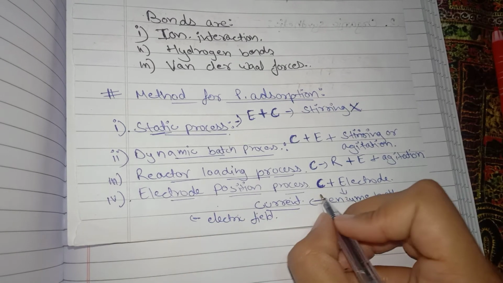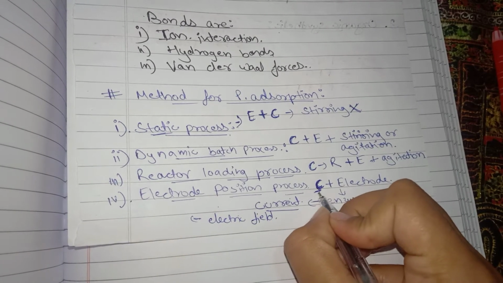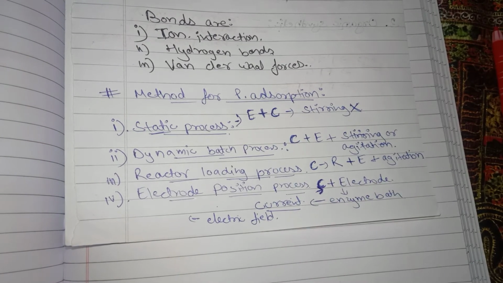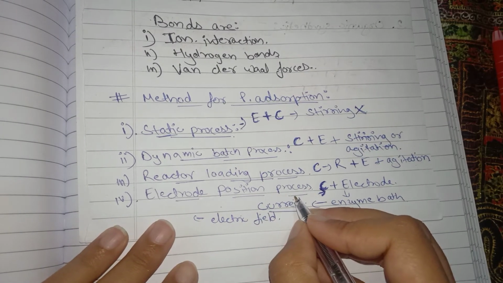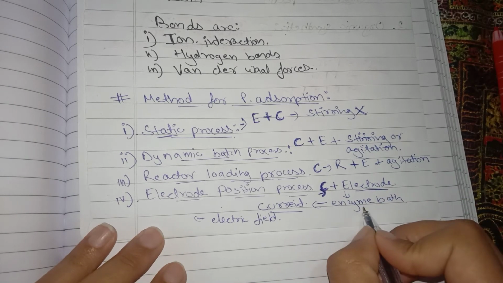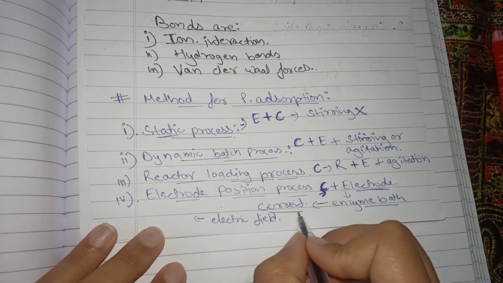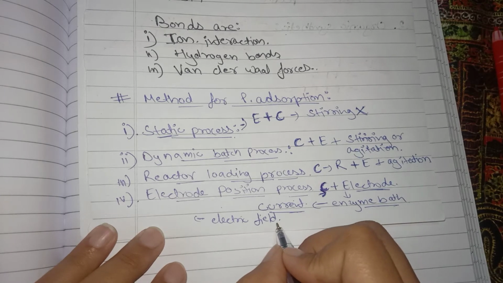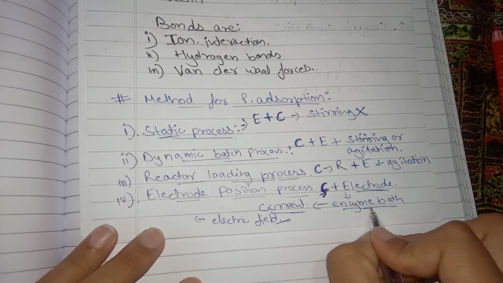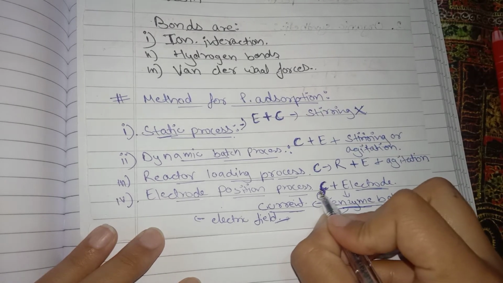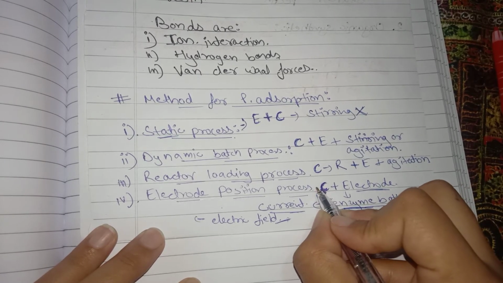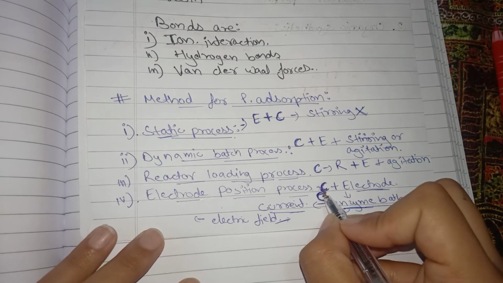Enzyme will migrate to the carrier and it is being deposited over the carrier. Again, in the electrode position process, we keep the carrier along with the electrode in an enzyme bath, then provide a current which generates an electric field. This electric field allows the movement of enzyme towards the carrier, and this enzyme will be adsorbed or deposited on the carrier surface.